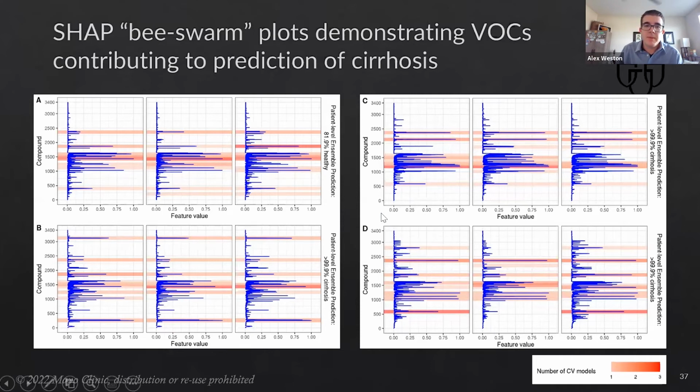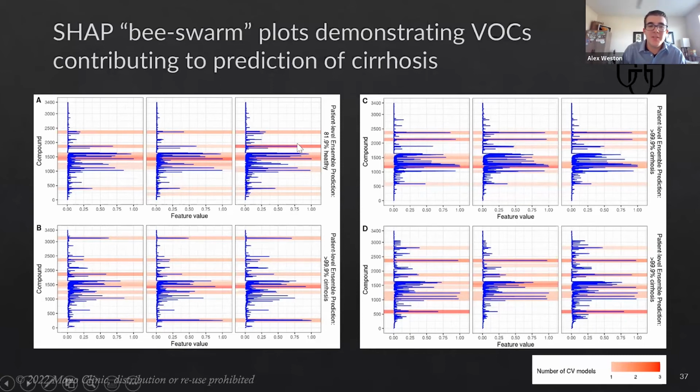A couple of things I want to mention based off these plots. Firstly, these SHAP plots do identify real peaks in our signal, which is good from a validation standpoint, right? This is what we're hoping to see. And a lot of these models are identifying the same peaks. One thing I want to mention: it's not necessarily the magnitude of the spectrogram feature that's important, right?